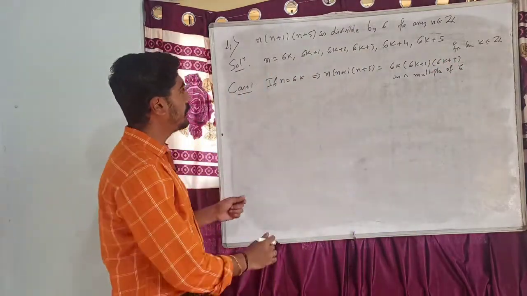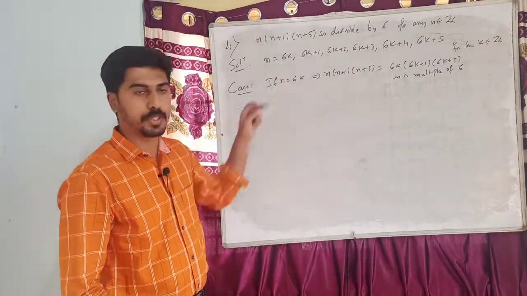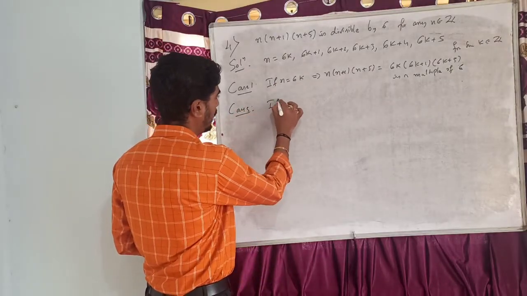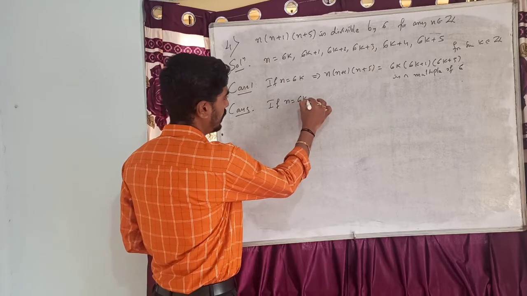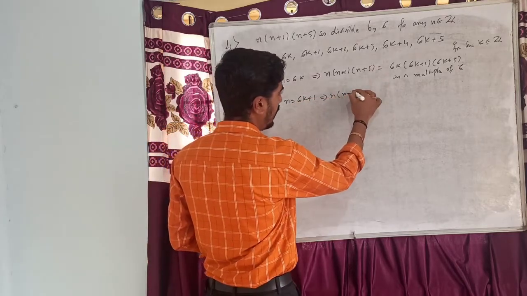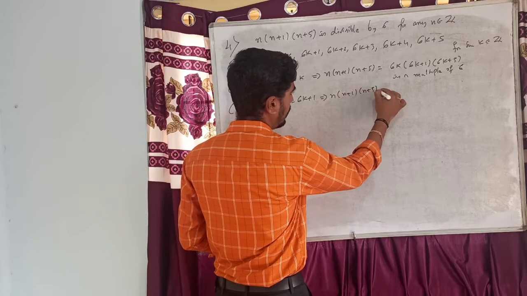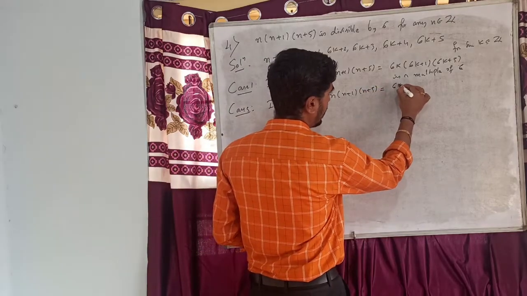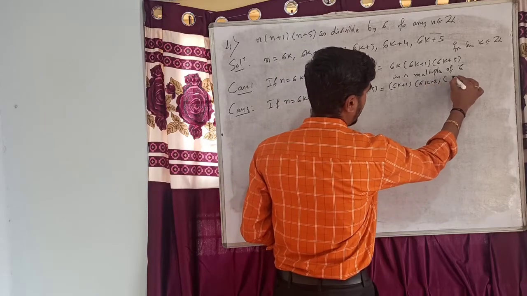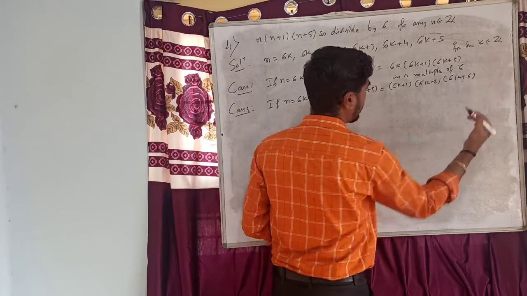In the second case, if n is equal to 6k plus 1, then n plus 5 is equal to 6k plus 6. So the product is 6k plus 1, 6k plus 2, 6k plus 6.